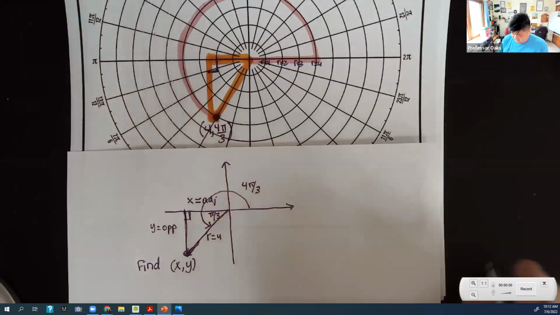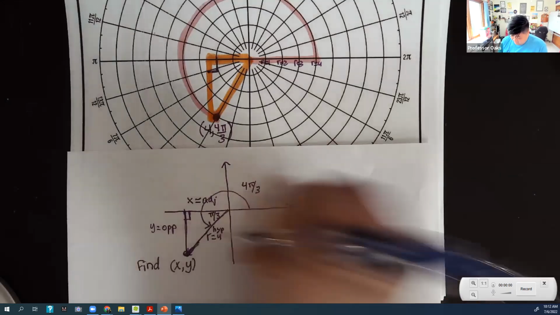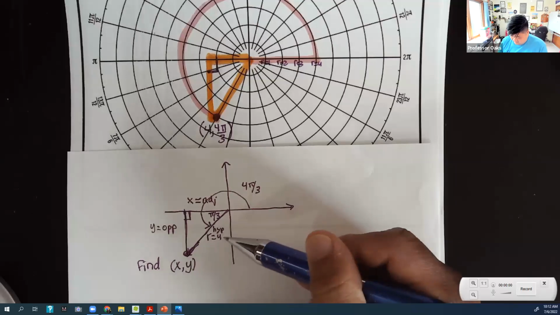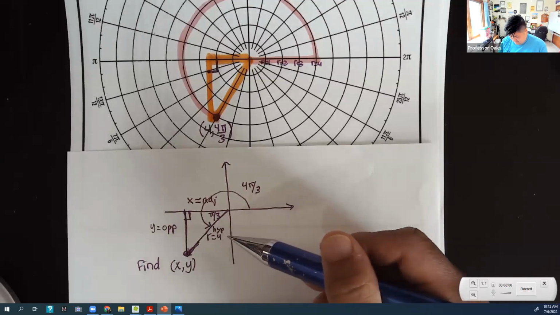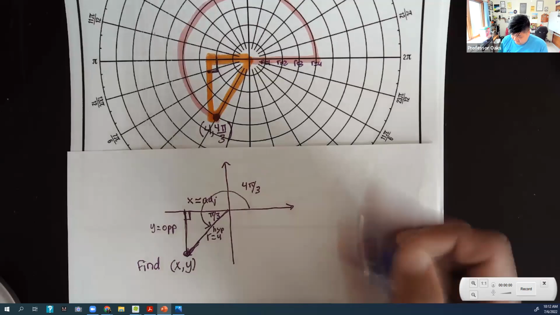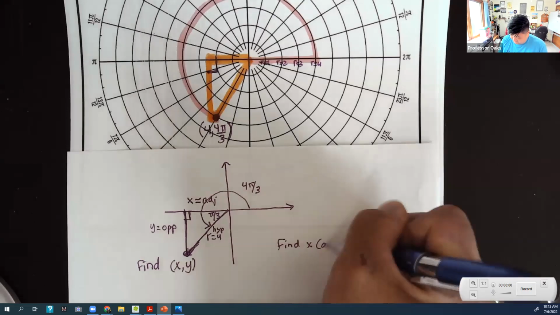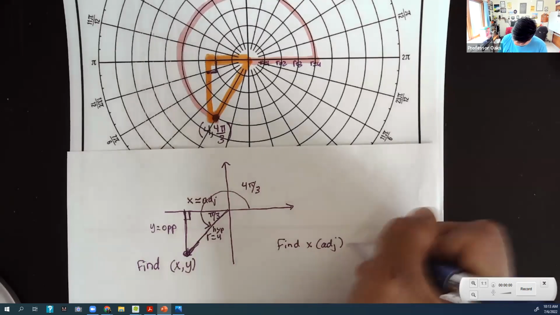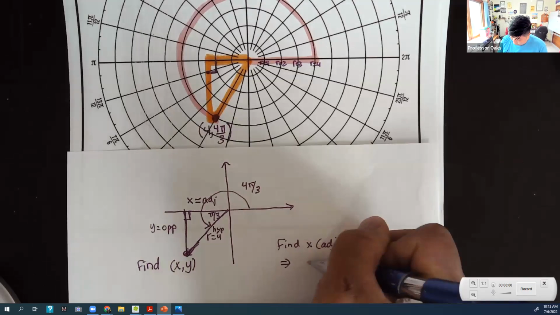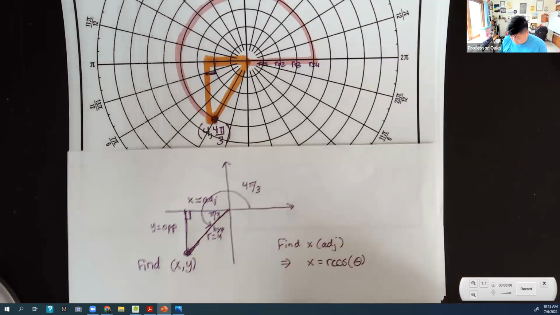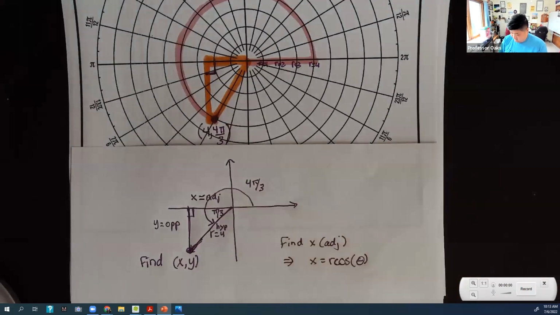So if you know that angle and you know that R is the hypotenuse, then think about it like this: if you want to find X, the adjacent side, then X is equal to R times cosine of theta, because that's how you find the missing adjacent side.